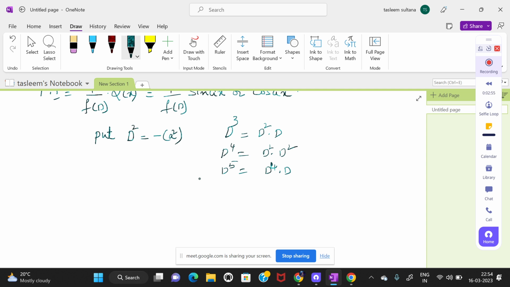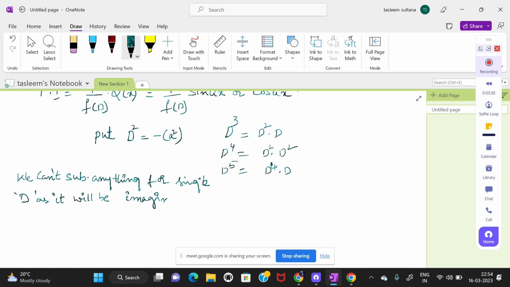Here we cannot substitute anything for the single D, as it will be imaginary.